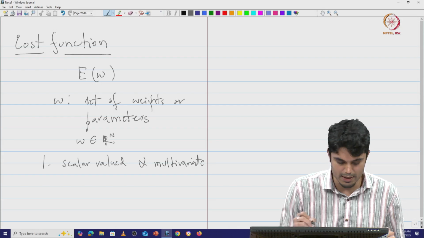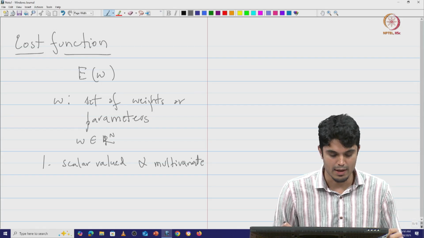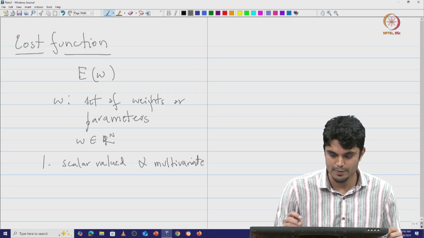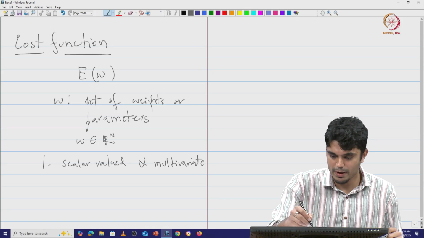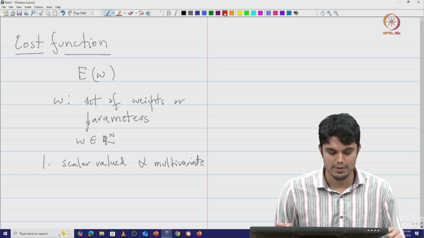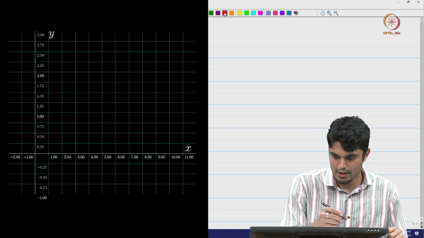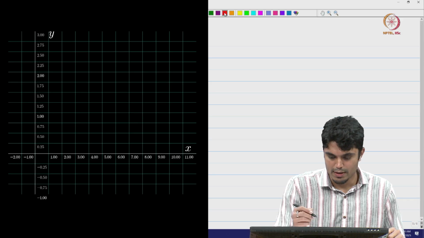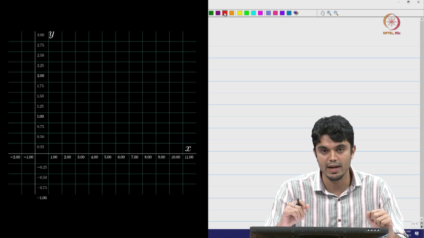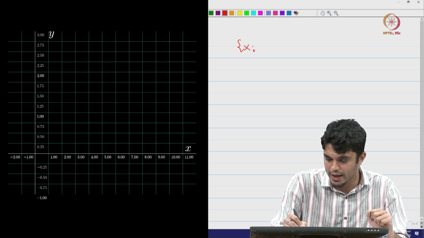In fact, we can make this more concrete for us to think about the properties. Let me take an example. Supposing we have some training data x i, t i.